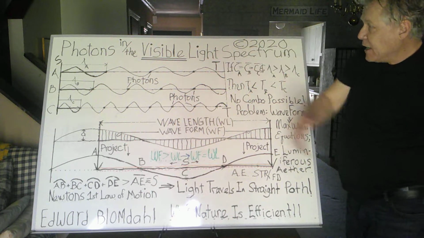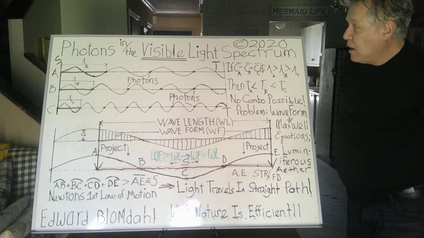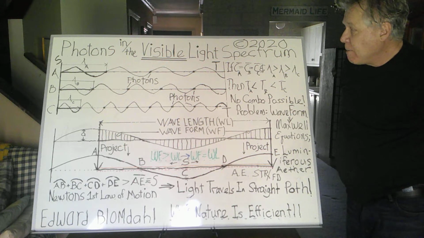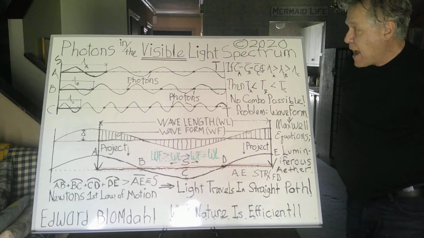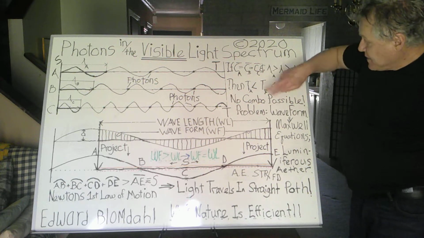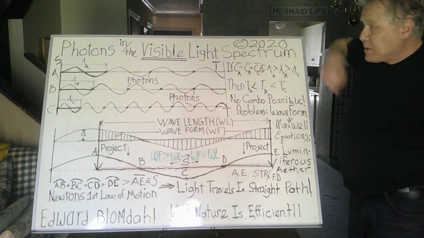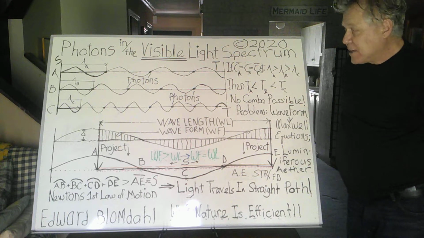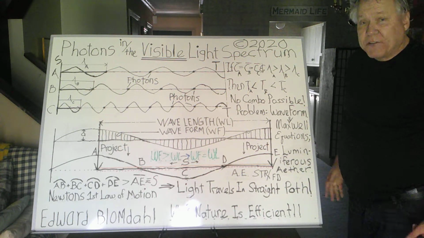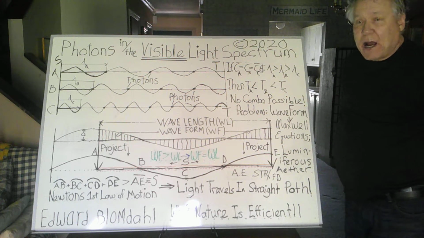This is where it stands. This is what's given as our understanding of light. It travels in waves, and it has a wavelength and a frequency. The problem that arises is there's no combination where you can keep the speed of light constant for all these different colors and still arrive at the same time.